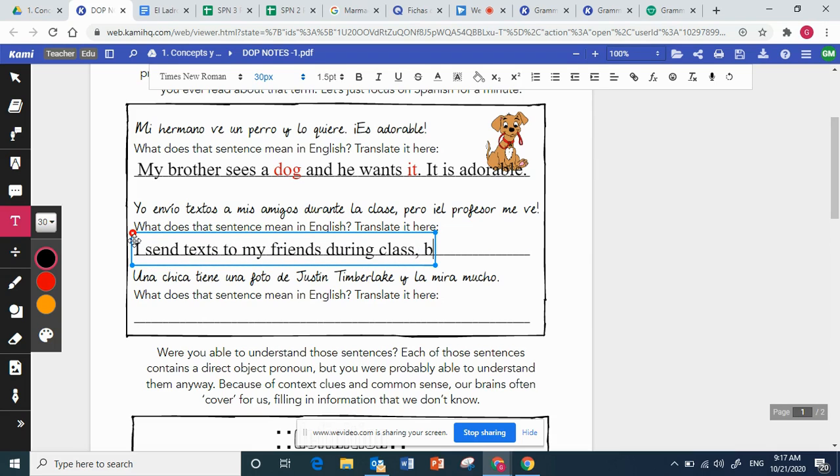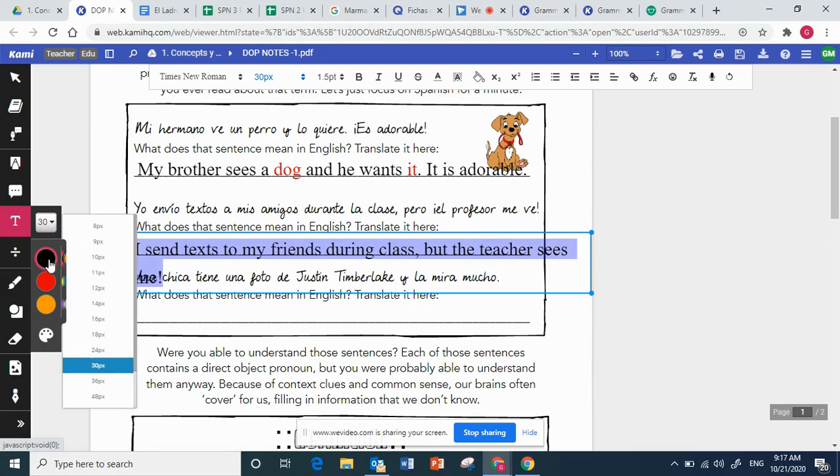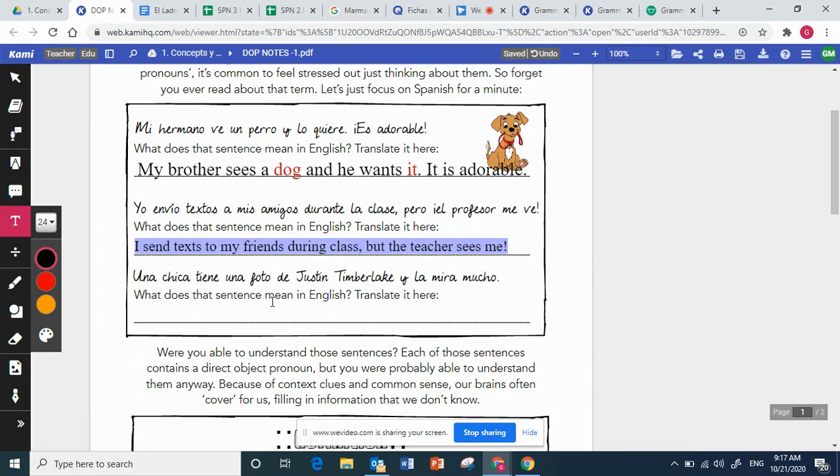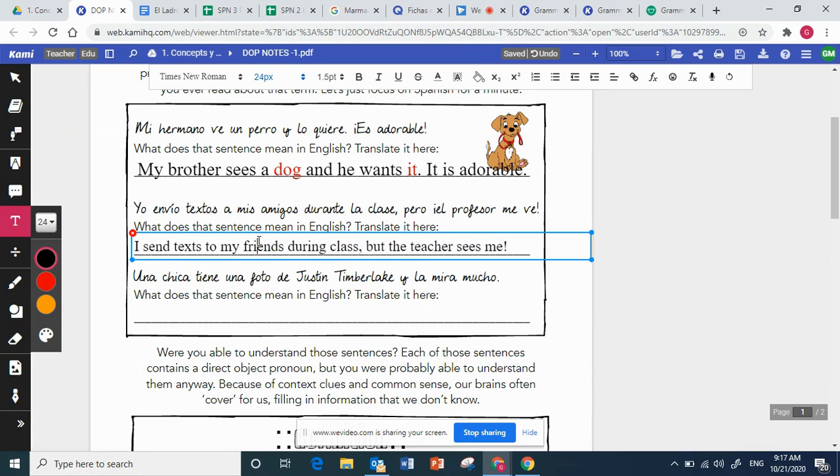Naughty, naughty. But the teacher. Let's lower the font just a smidgen so that this fits on one line. There we go. I send text messages to my friends during class, but the teacher sees me.